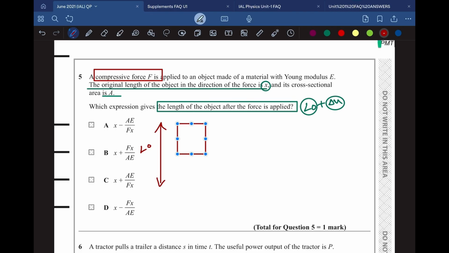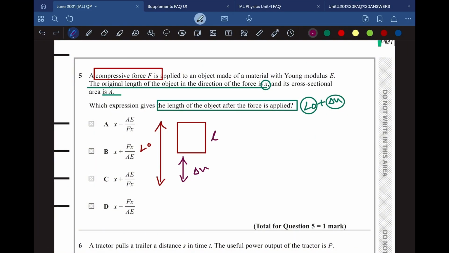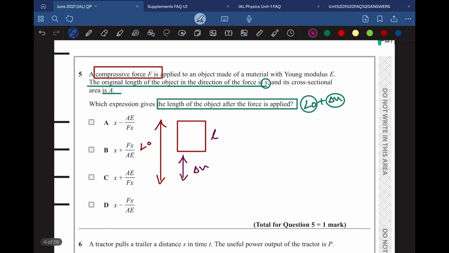If we have compressed it, we know this is the change in length, right? This is the del x, and this L is our new length. But as we have written that the new length is equal to L naught plus del x, this is for the stretching force, not the compressive force.